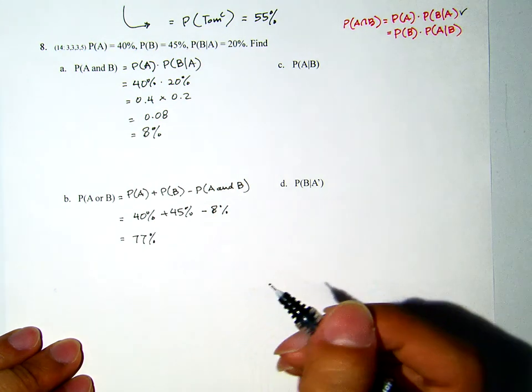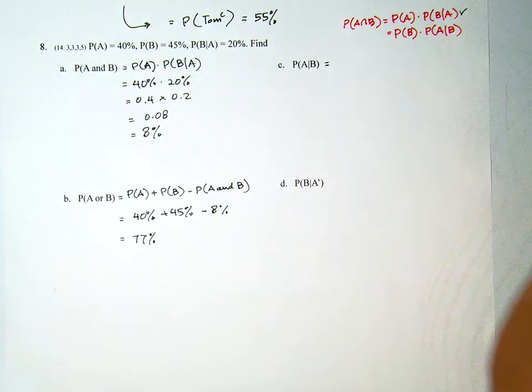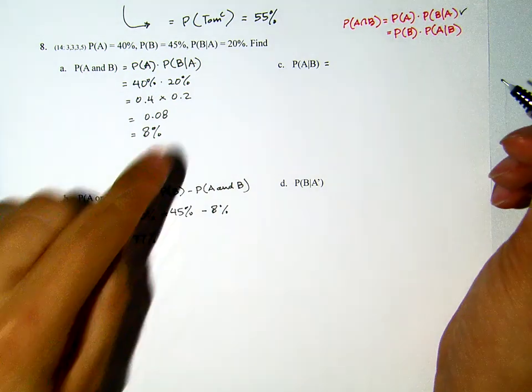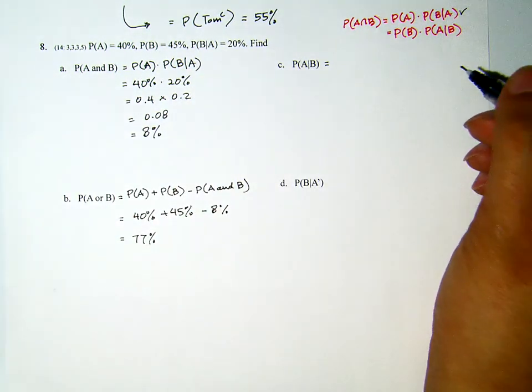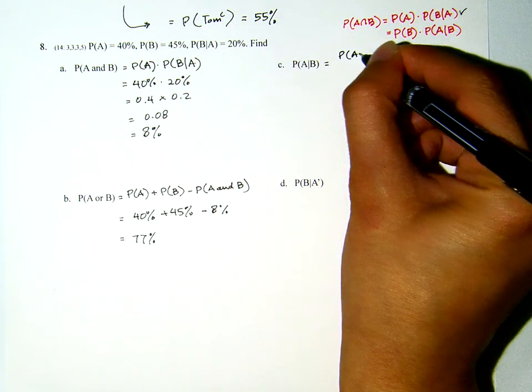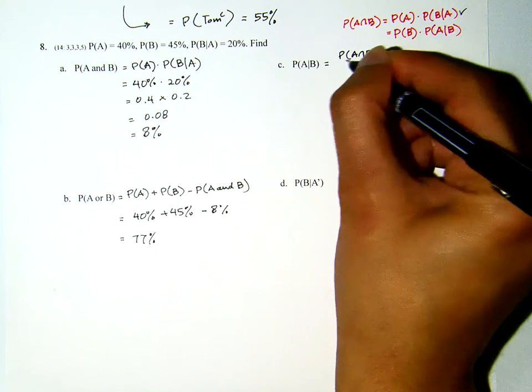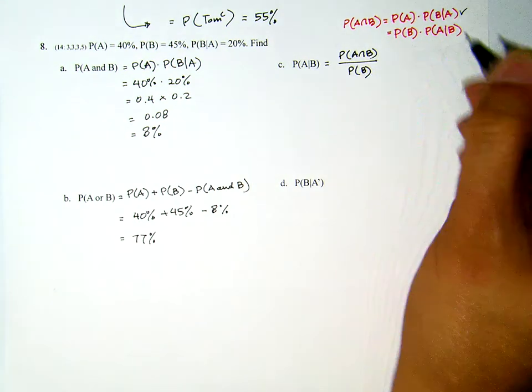Part C, probability of A given B. Hold on. The one we have is probability of B given A. Right now, we need to reverse the order. Let's use the formula first. This is the same thing. Probability of A and B over the probability of B by formula, right?